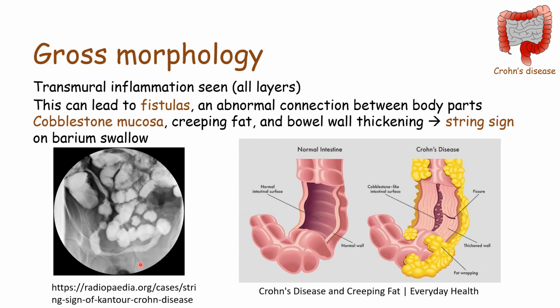So here we have an image. Essentially, a patient swallows a barium solution. It will allow for contrast on imaging, and we can see these strings. It literally looks like strings because these areas of affected bowel will have a thicker wall, meaning not so much space there for bowel contents to be, and it ended up looking like strings.